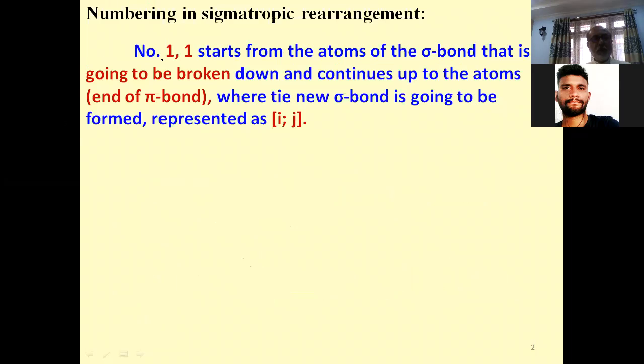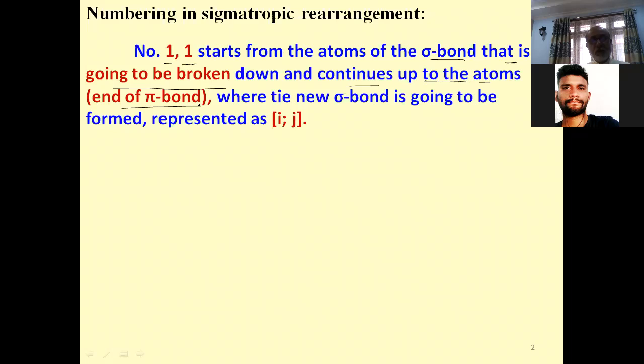First of all, we start with this number 1,1. The 1,1 starts from the atom of the sigma bond that is going to be broken, and continues up to the end of the pi bond system, which must be conjugated.